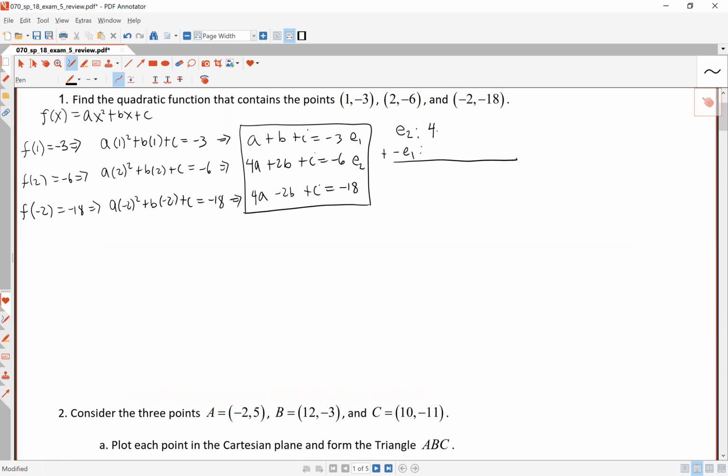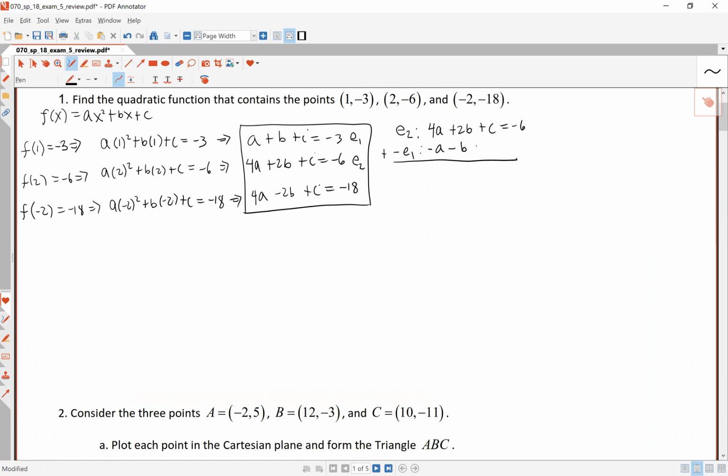Equation 2 will stay the same, 4a plus 2b plus c is -6. Now we're taking the opposite of equation 1, negative a minus b minus c equals 3. The positive a turns negative, the positive b turns negative, the positive c is negative, and the -3 turns positive.